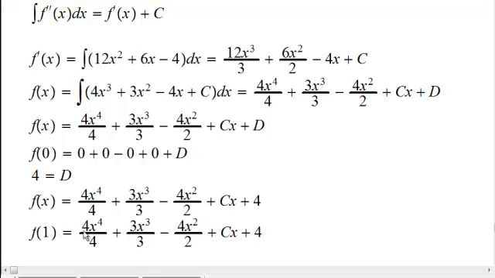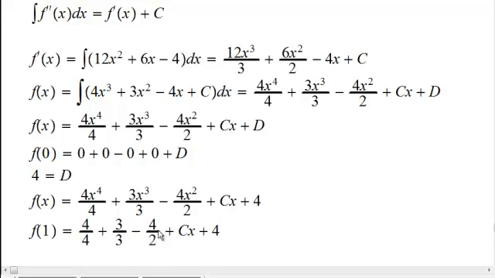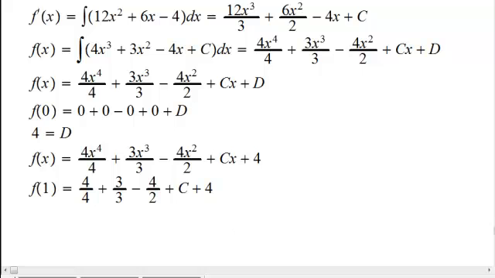What do I write here? 1 to the 4 is 1. 1 to the third is 1. 1 squared is 1. And this is 1, right? Everybody fine? And f of 1 is 1, right? So 1 equals, what is this then? 1 plus 1.